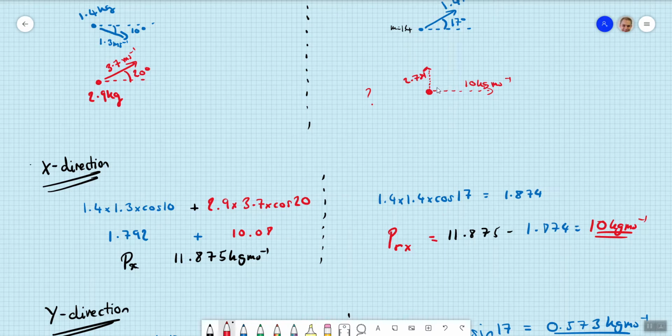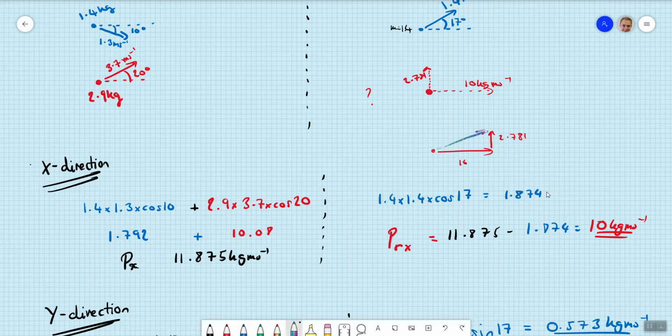How do we combine them? Well, good old Pythagoras. Because we can think of it as going along by 10, up by 2.781. And so our resultant momentum from combining that has got to be in that direction.